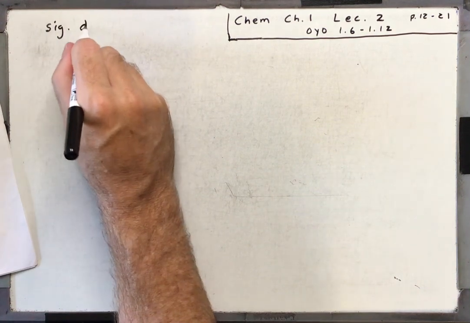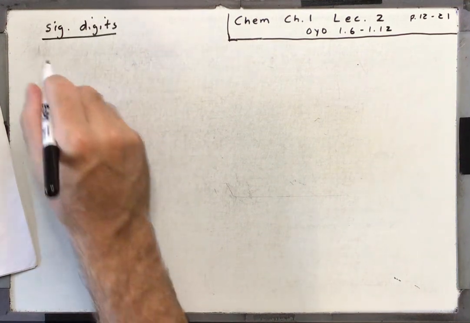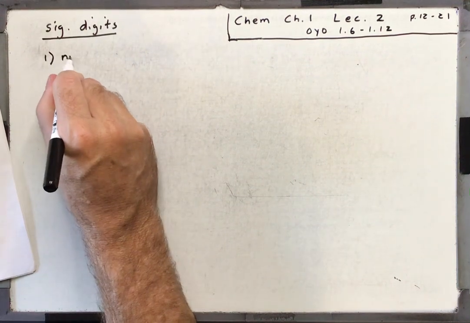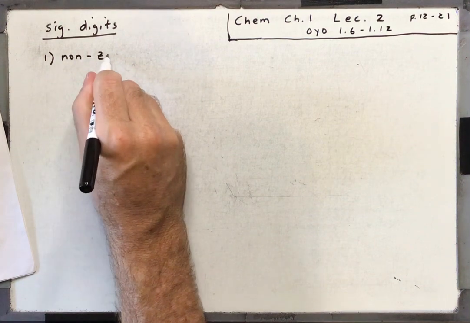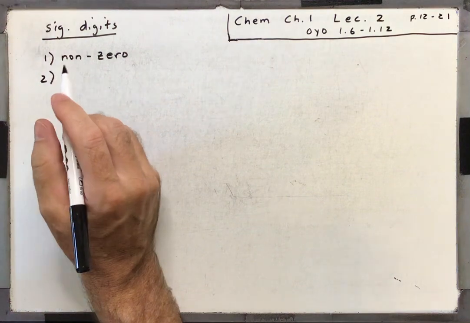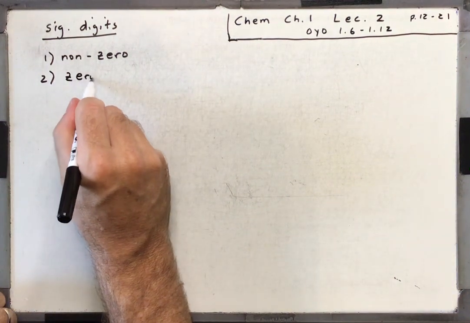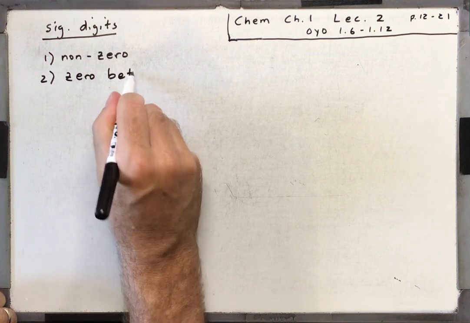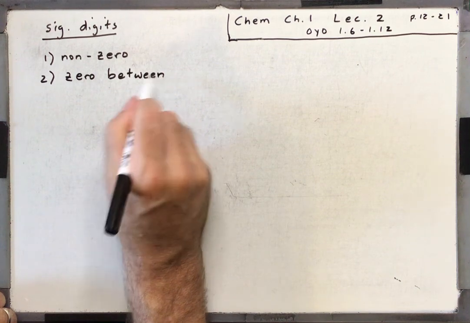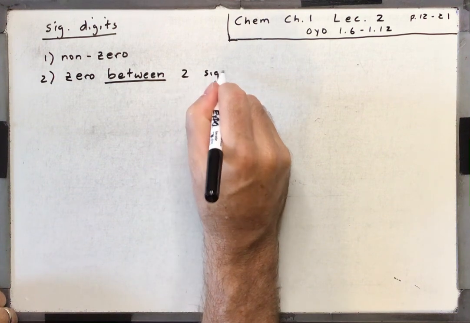Sometimes it's called significant digits, significant figures. A digit is significant if, rule 1, it's non-zero. So if it's non-zero, it's significant. Rule 2, it's a zero between two significant digits.